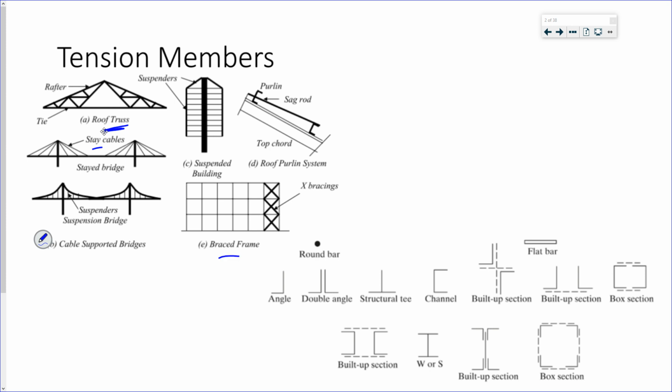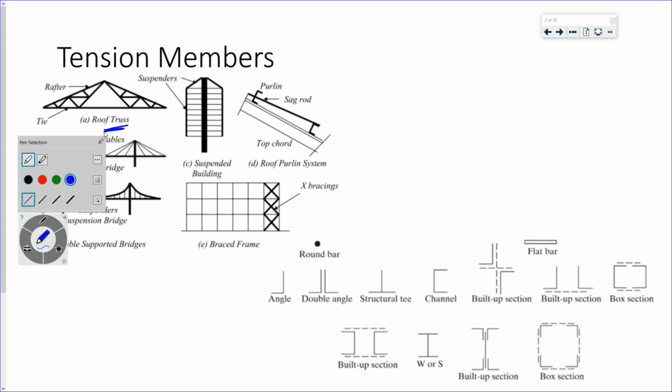In a braced frame, if you recall, if we have a lateral force on a building, then one brace will be in compression and one brace will be in tension.